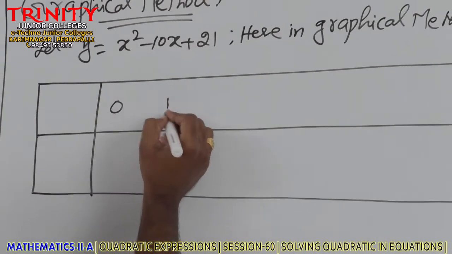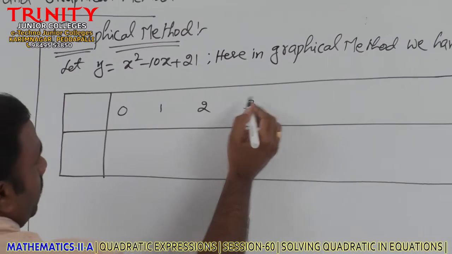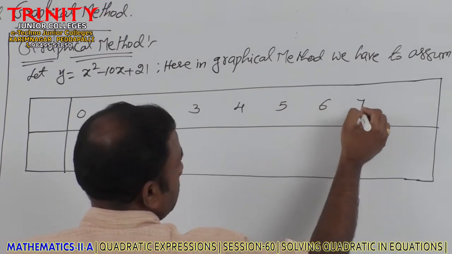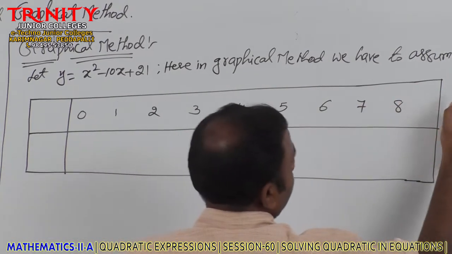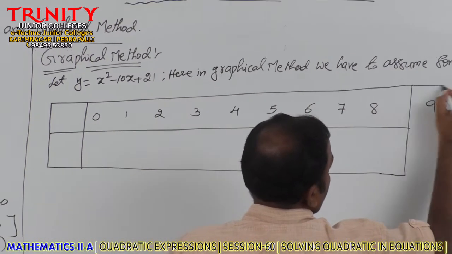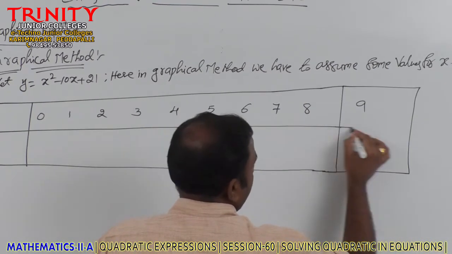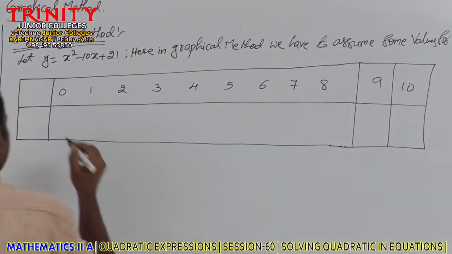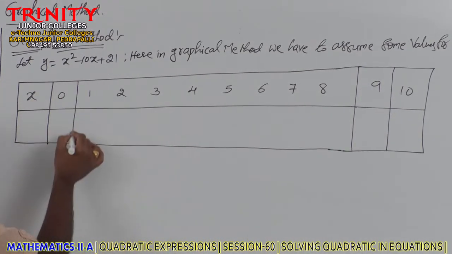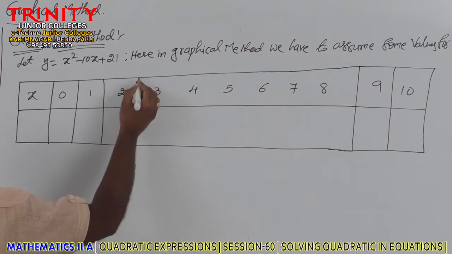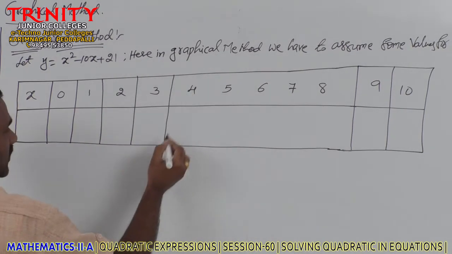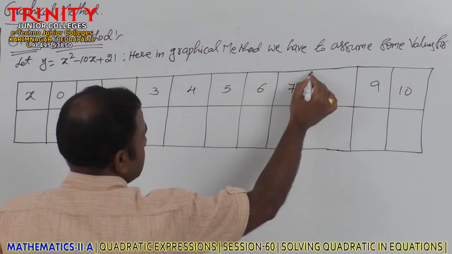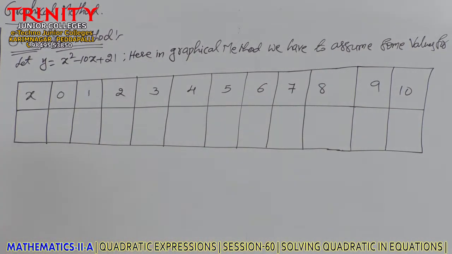Zero, 1, 2, 3, 4, 5, 6, 7, 8, 9, and then 10. I am taking x values from 0 to 10. For these x values, we have to calculate the value of y. Y is nothing but the value of the expression.